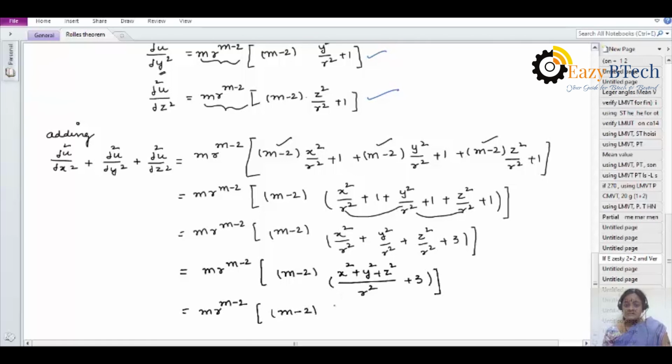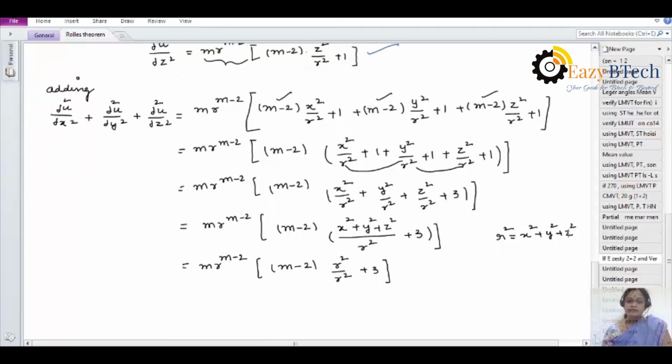So x square plus y square plus z square is r square. How do we get r square? Because it was given in the question that r square is equal to x square plus y square plus z square. So I substitute that r square value in the place of x square plus y square plus z square. So finally m into r power m minus 2 and m minus 2, and this value will be cancelled, and plus 3.